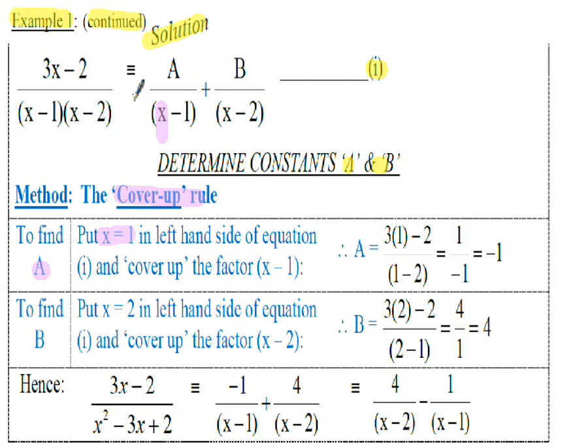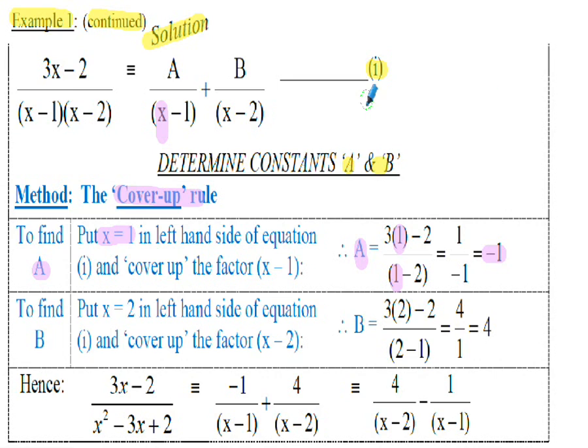So on the left hand side of equation 1, we now cover up the x minus 1 bracket and we put the value of x equal to 1 wherever we see an x in the remaining terms. So in this particular case, on the top line, 3 times x minus 2 becomes 3 times 1 minus 2, and on the bottom line we've got x minus 2, so that will become 1 minus 2. Evaluating using the cover-up rule, we find that a is equal to negative 1.